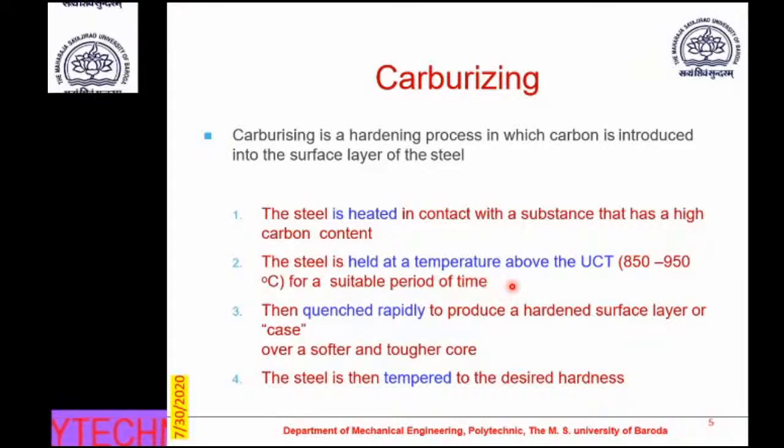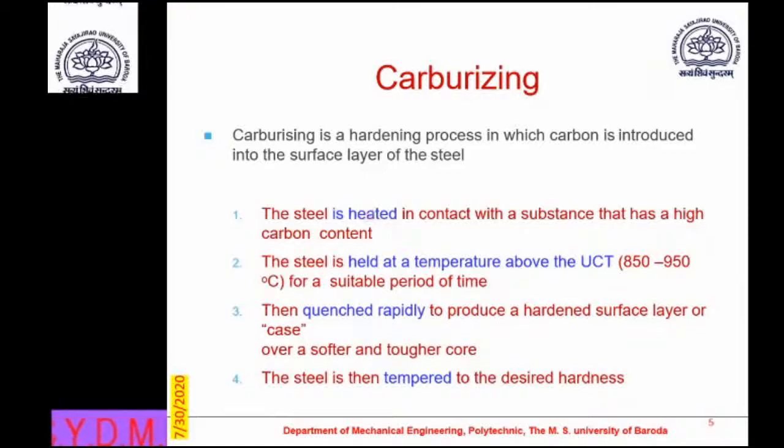Thereafter, as we have in our cycle, the complete component is quenched to produce a hardened surface or a case, and this hardened surface is called the case, and therefore this particular process is also called case hardening. The steel is then tempered to have the desired hardness throughout the material.